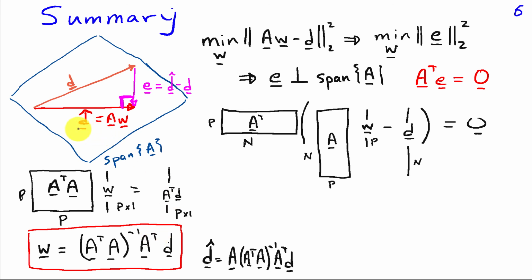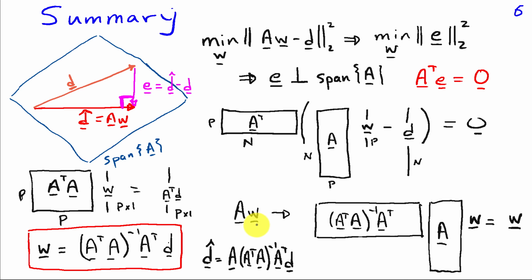And this tells us that D hat, the vector that's in the span of A, which is the closest vector to D that we can find in the span of A, takes the form A times W, which is A times A transpose A quantity inverse, A transpose D. So recall we started with AW, trying to isolate W to find out what W is. This process of getting the solution first multiplied AW by A transpose, and then multiplied it by A transpose A quantity inverse.